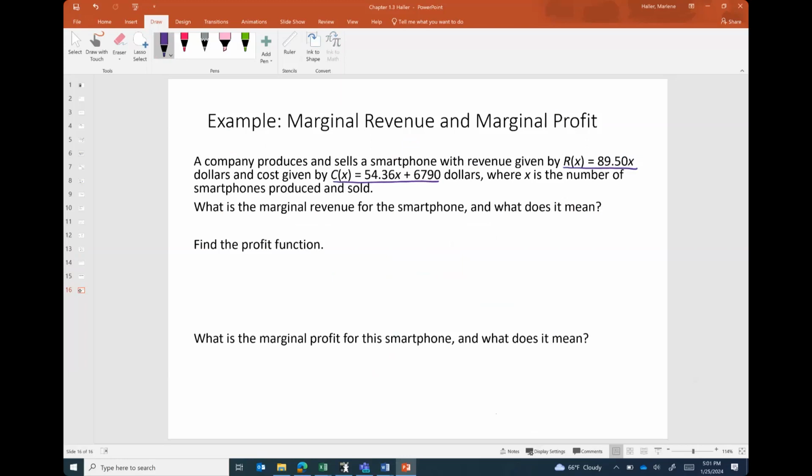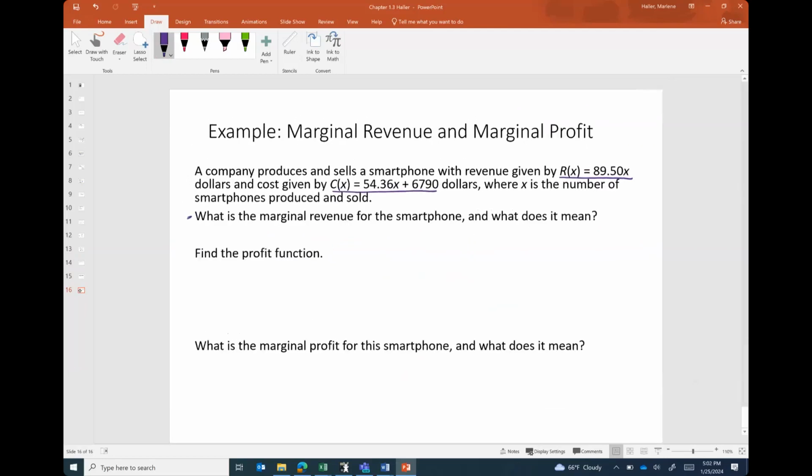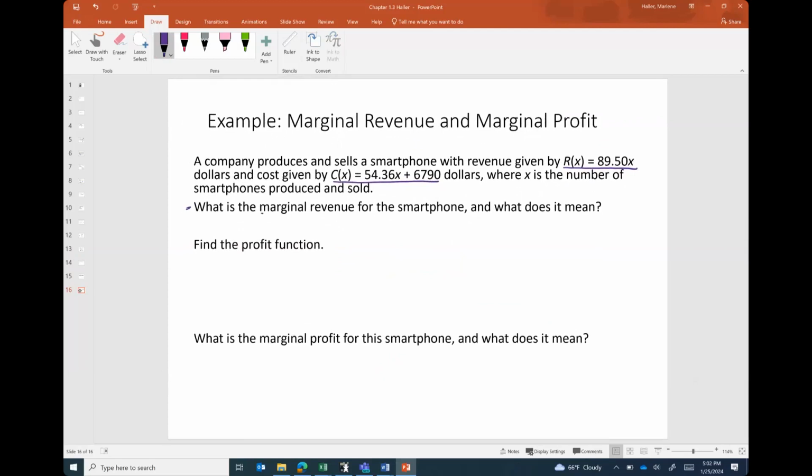The first question says, what is the marginal revenue for the smartphone and what does it mean? Let's see, what is marginal revenue? Marginal revenue is simply the amount of revenue that is obtained from the sale of one more smartphone, right? So here we would say that the marginal revenue is the rate of change in the revenue function.